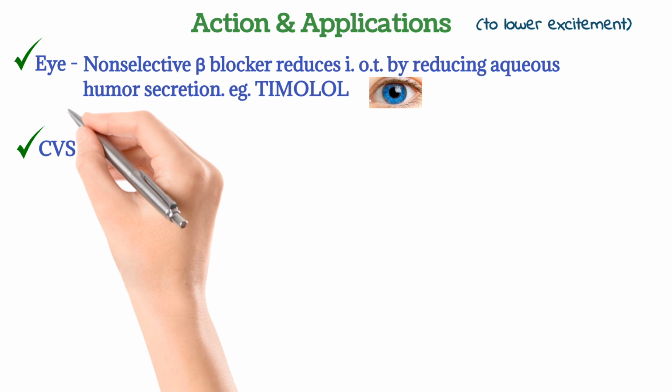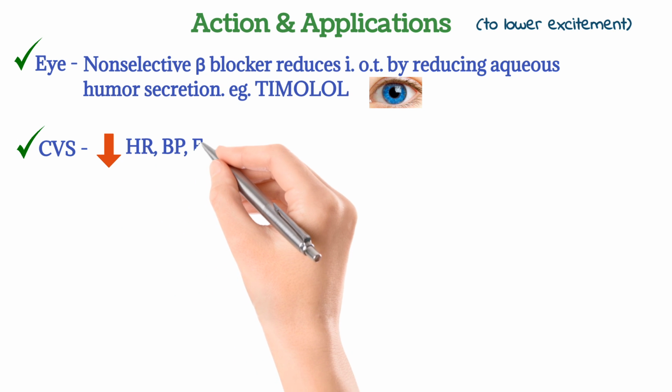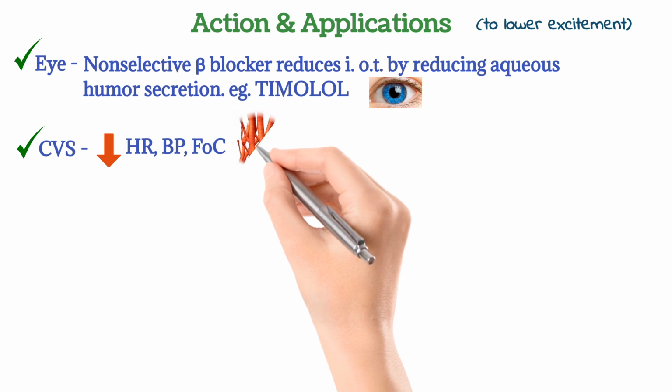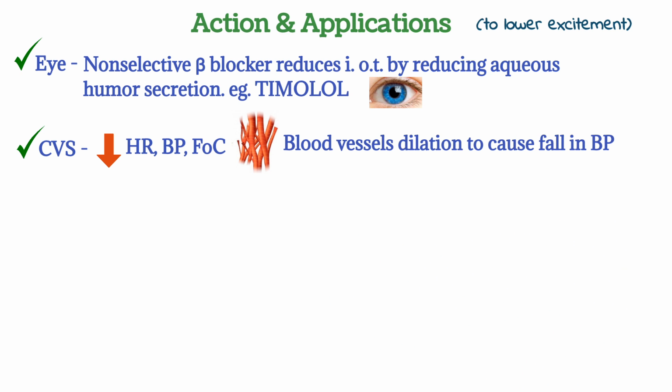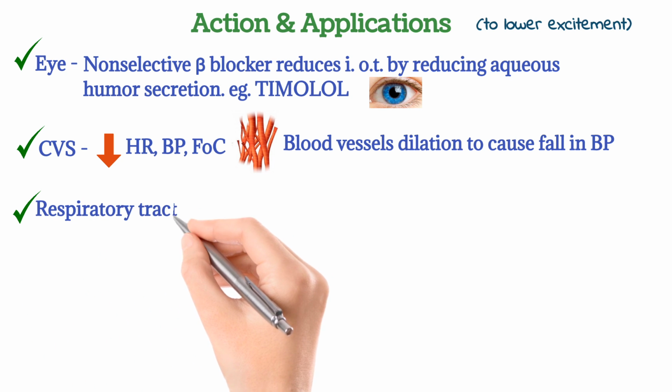Example, timolol. So timolol, we often heard that it is used for glaucoma. Second, in CVS, cardiovascular system, of course it reduces blood pressure, force of contraction, heart rate, and also it will cause blood vessels to dilate, and that is how it reduces the blood pressure and is used in hypertension.